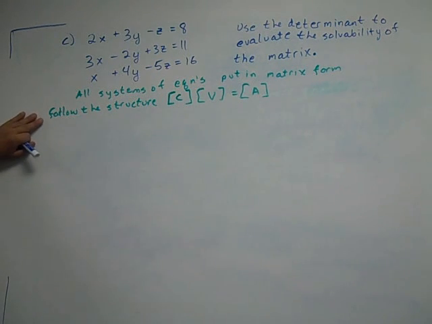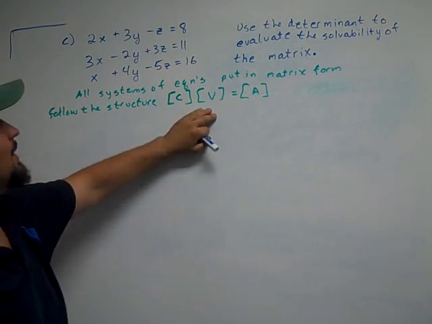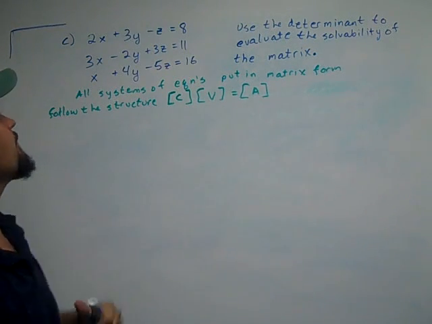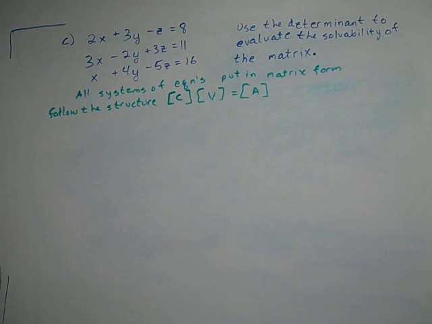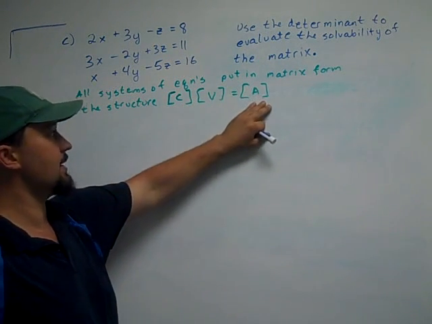So, all systems of equations put in matrix form follow the structure coefficient matrix times variable matrix equals answer matrix. Anybody that's dealt with matrices in some depth will understand what these letters represent.